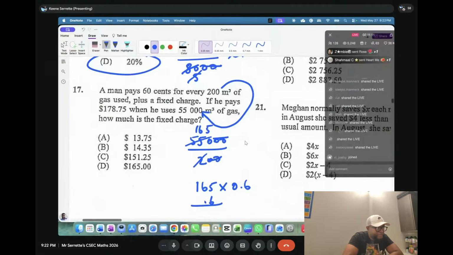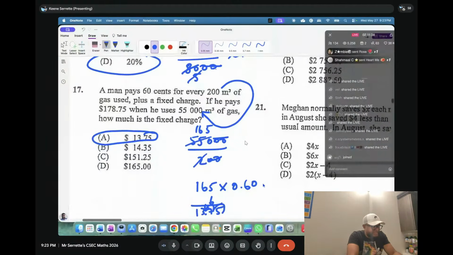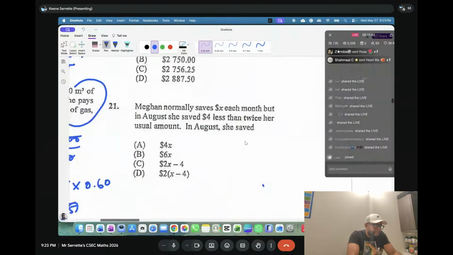You get 1375, and then you put back the 2 decimal places. Because remember, it's 60 cents, so you have to put back 2 decimal places. There we go.